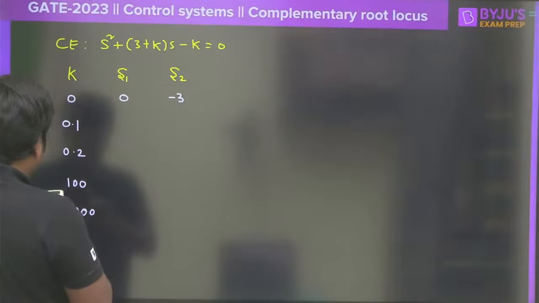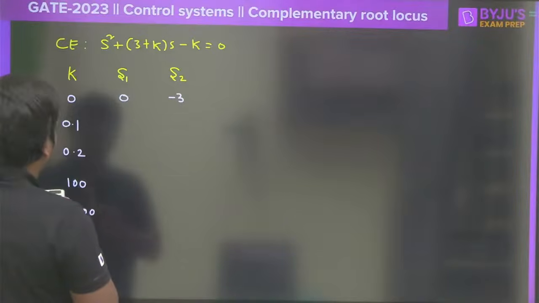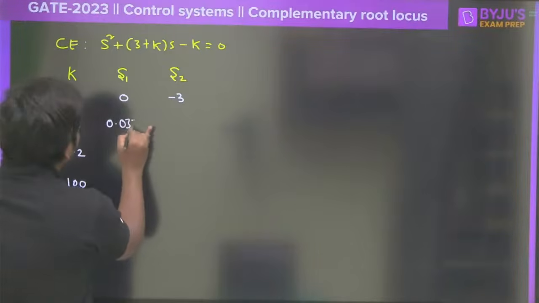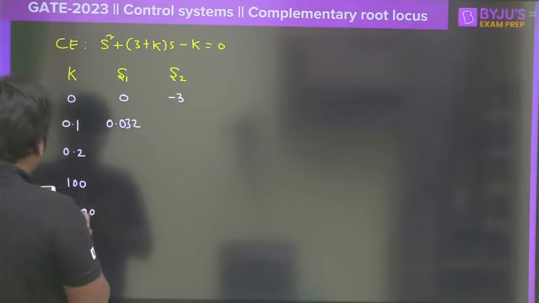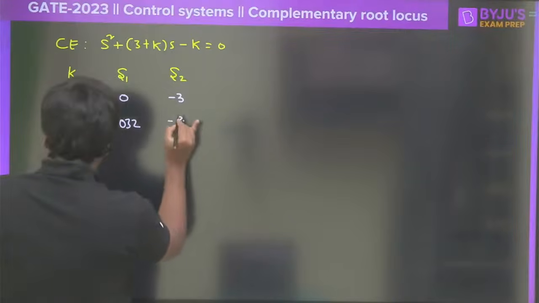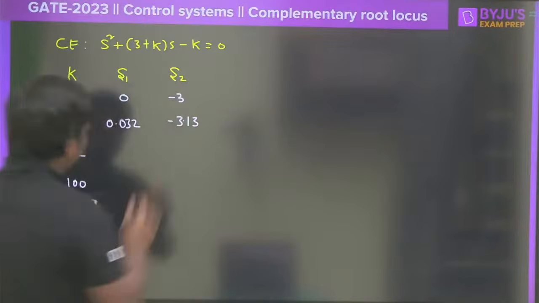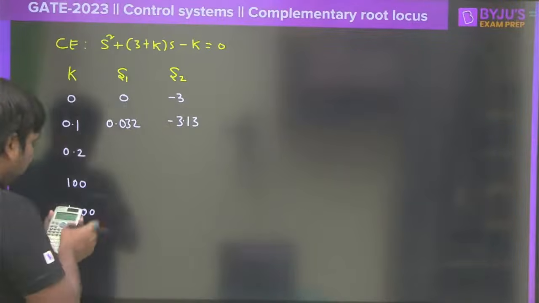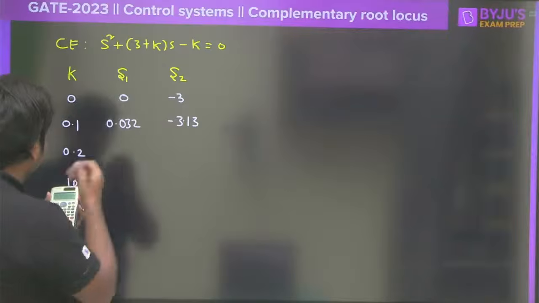So if I substitute minus 0.1, then obviously you will have approximately 0.032, and then minus 3.13 here, right? Now without any doubt, let's go for 0.2 here. Let me show you what is going to happen.